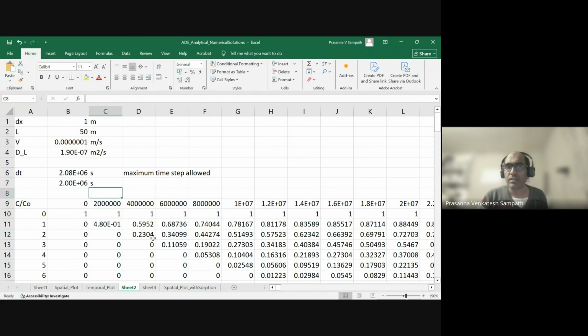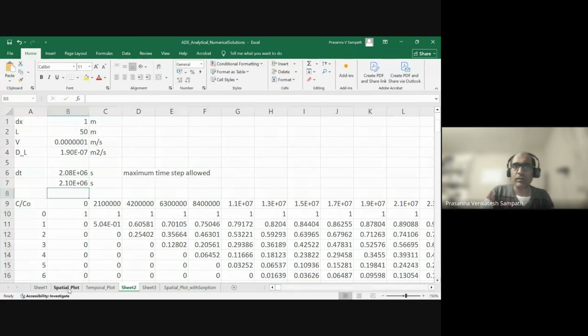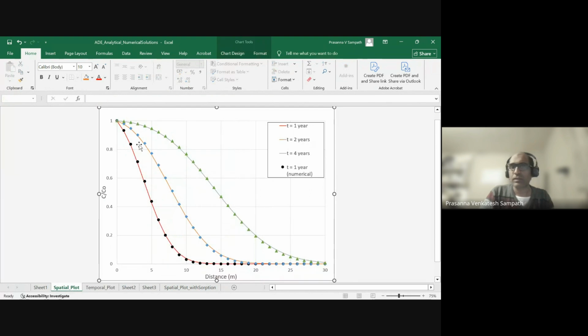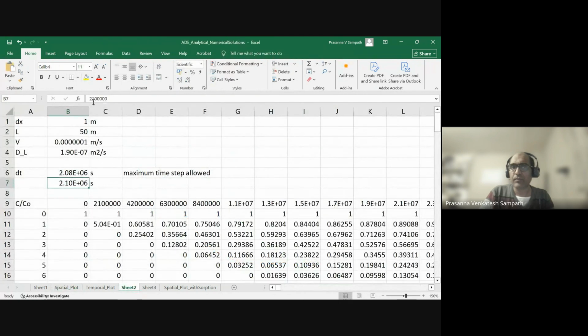If I make it 2.1 into 10 power 6 seconds, the values start to show a greater departure from the solution.